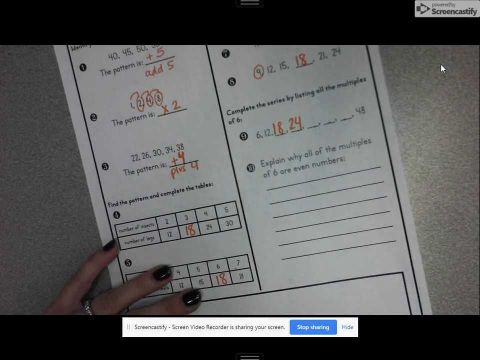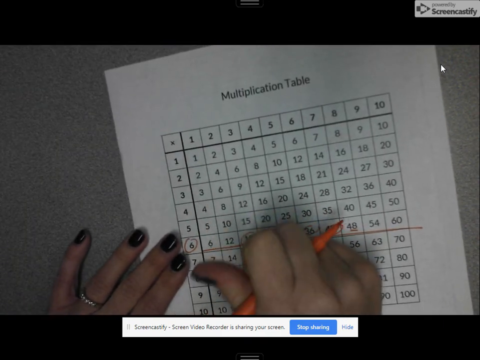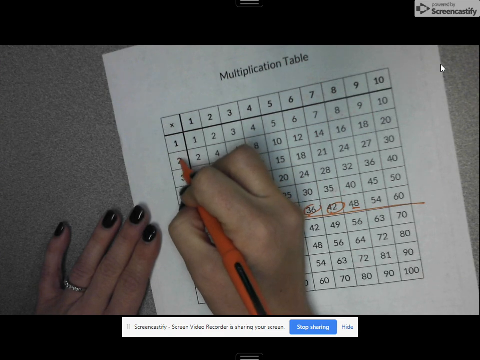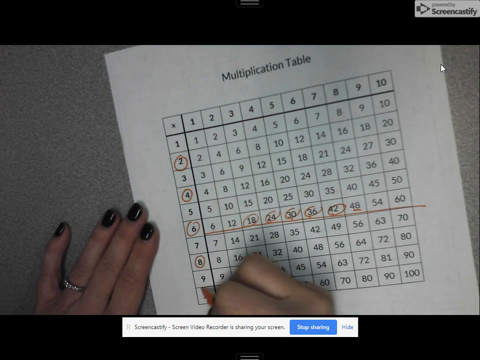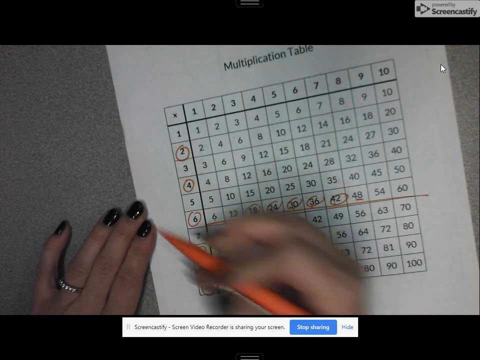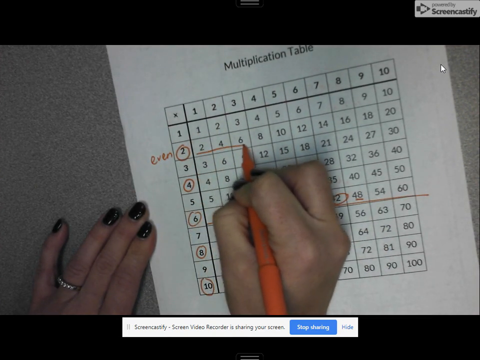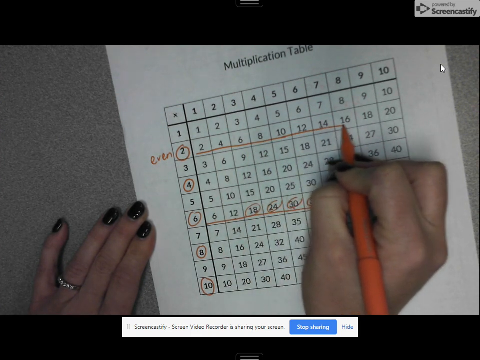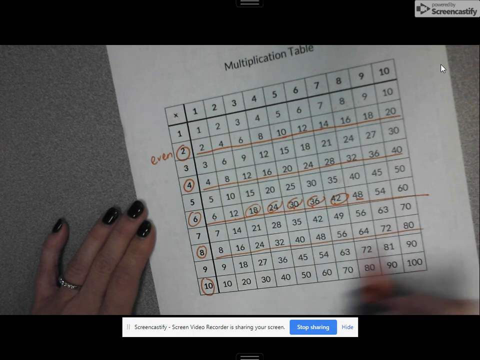The last one, explain why all the multiples of 6 are even numbers. So we've been talking about the different patterns in a multiplication table for the numbers 2, 4, 6, 8, and 10. Whenever that's one of your products, those are all even numbers. And every single product, which is just the fancy word for answer, ends up being an even number.